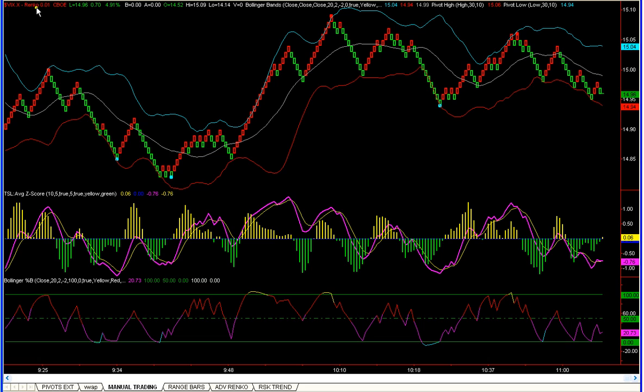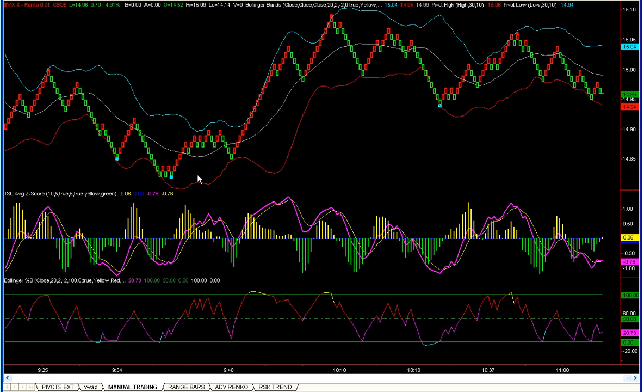But keep in mind that the brick size I've used is a 0.01. That's as small as it goes. You can go higher, you can change your brick size, that's up to you, but I like it because it tracks really well.